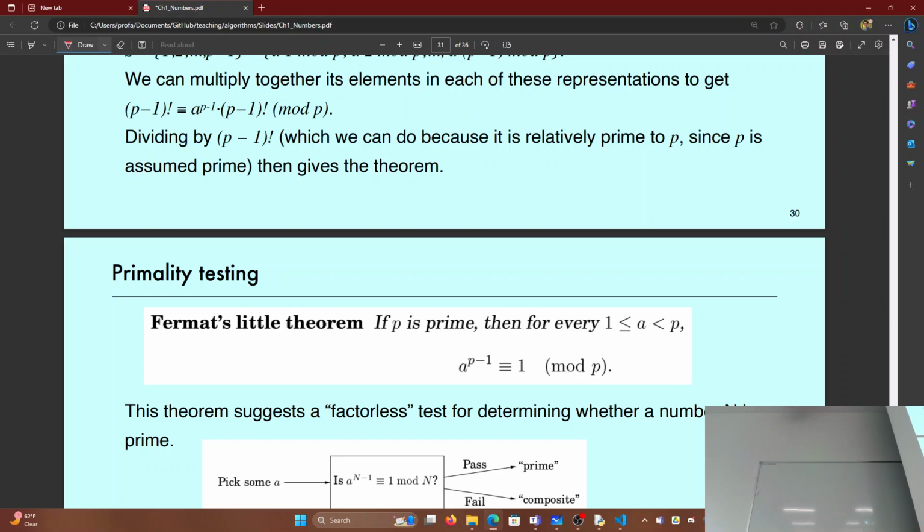So the first thing you want to do, if I give you a problem like this on the quiz, is check: is the modulus a prime number?